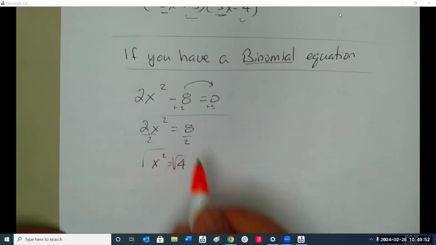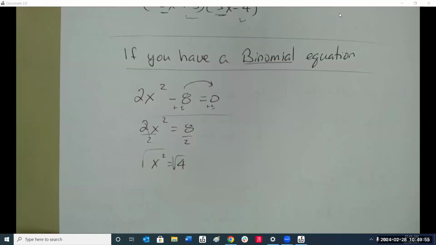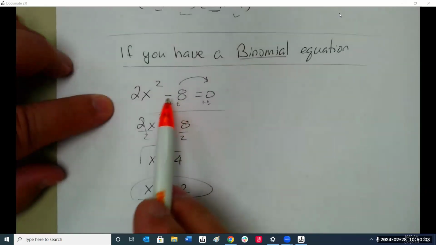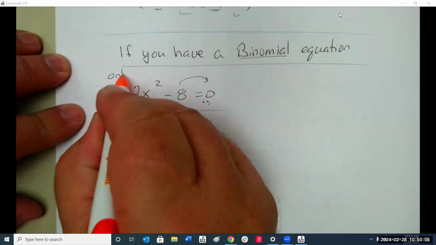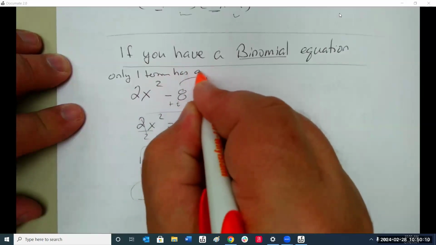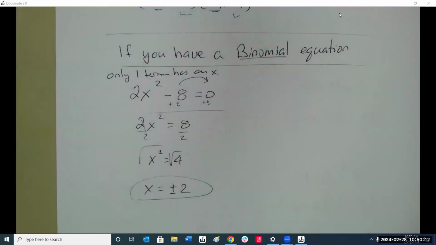And then use the square root method. So x is equal to plus or minus 2. So if you have a binomial and only one term has an x, or the only variable you have there is x squared.